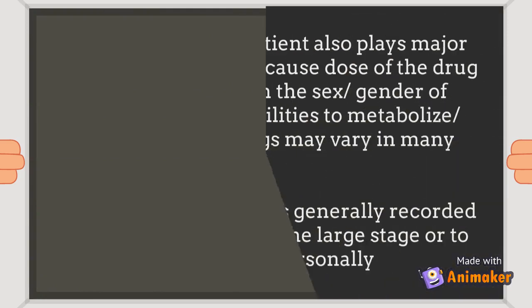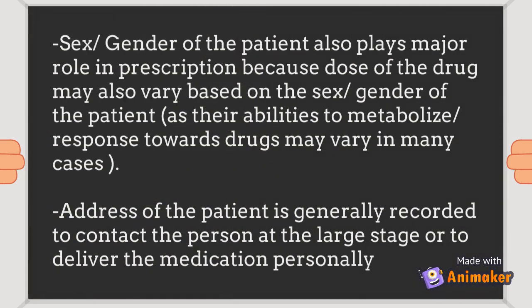Sex or gender of the patient also plays a major role in the prescription because the dose of a drug may also vary based on the sex or gender of the patient, as their abilities to metabolize or response towards drugs may vary in many cases. The address of the patient is generally recorded to contact the person at a later stage or to deliver the medication personally.